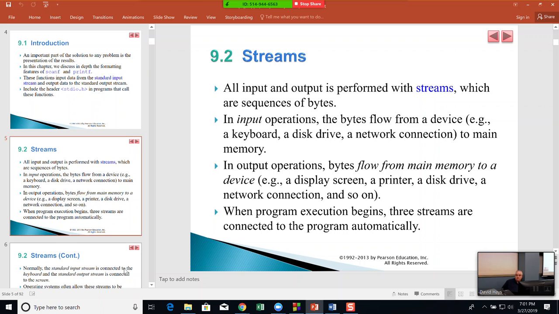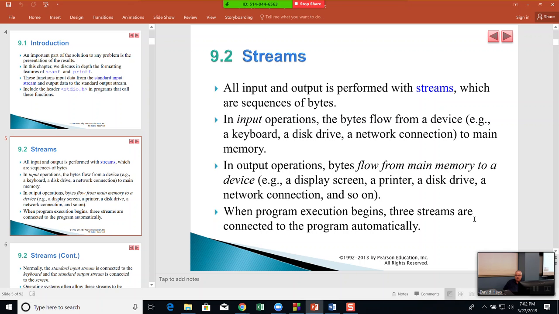We talked about streams before. You've got data coming in, it's coming in like a stream. Data's going out, it's going out like a stream. Specifically, a stream of bytes. So data's going out in pieces or coming in. Input, they're flowing in. Output, they're flowing out.